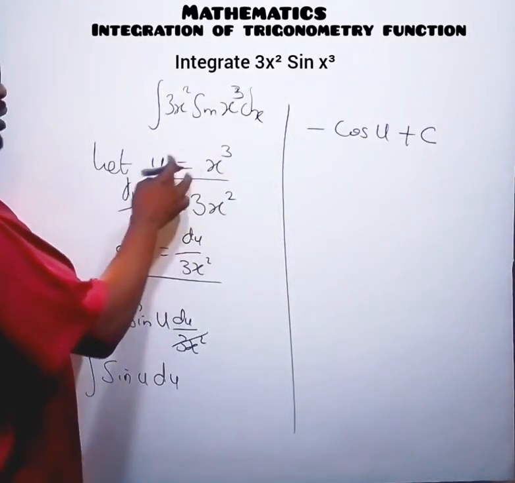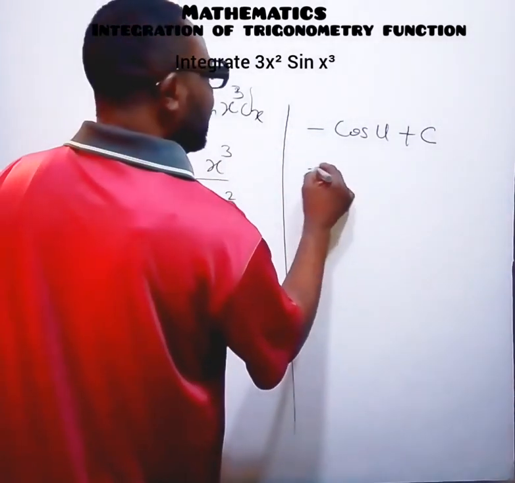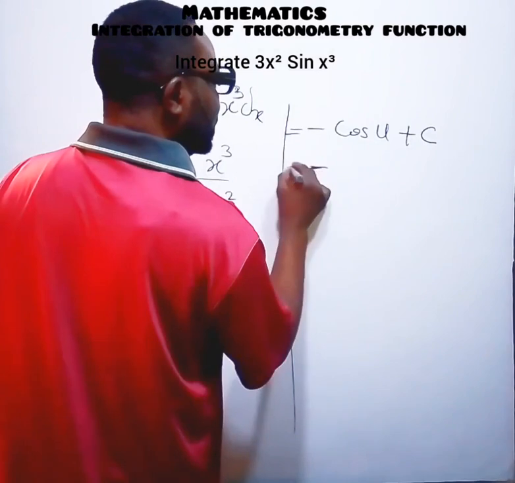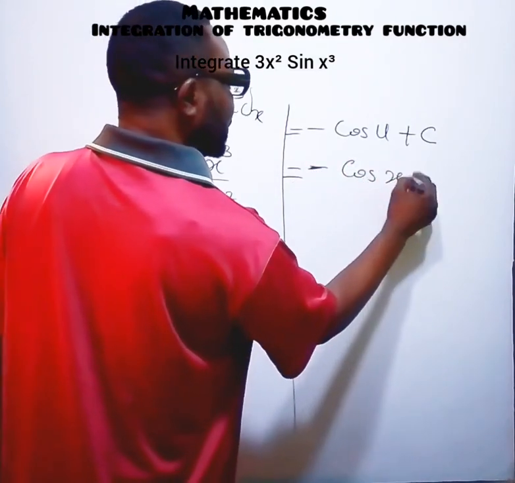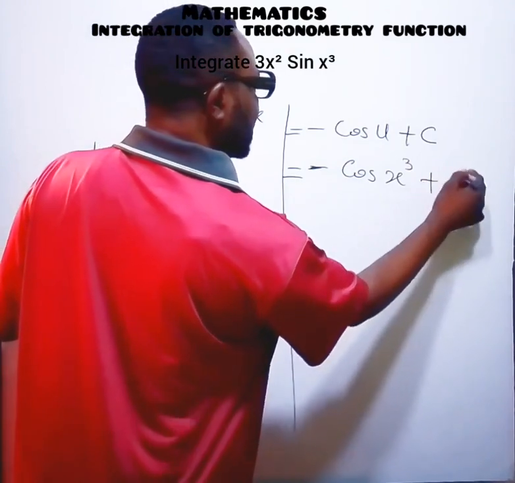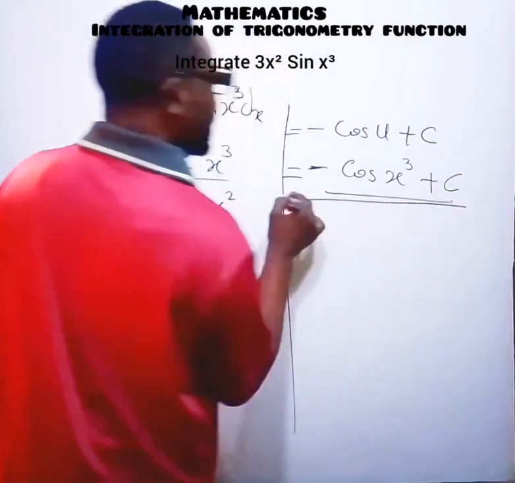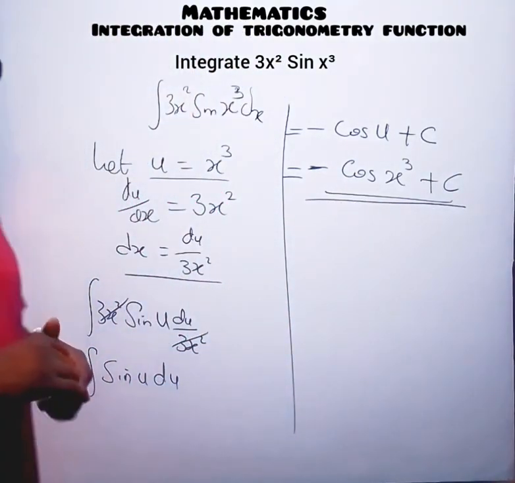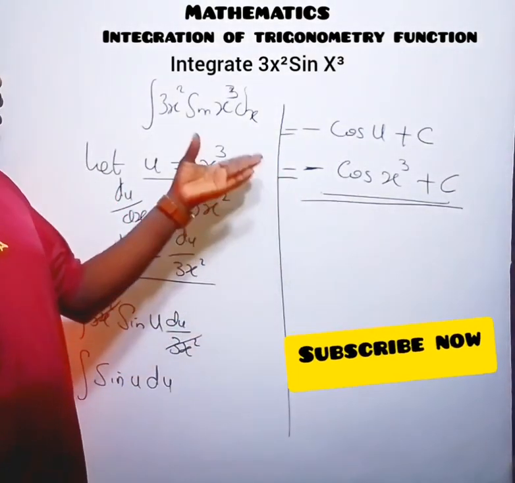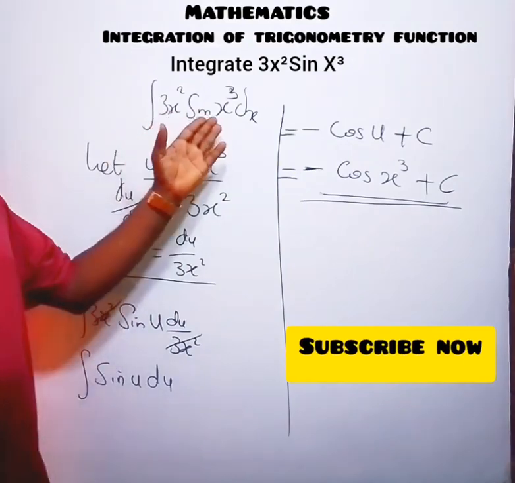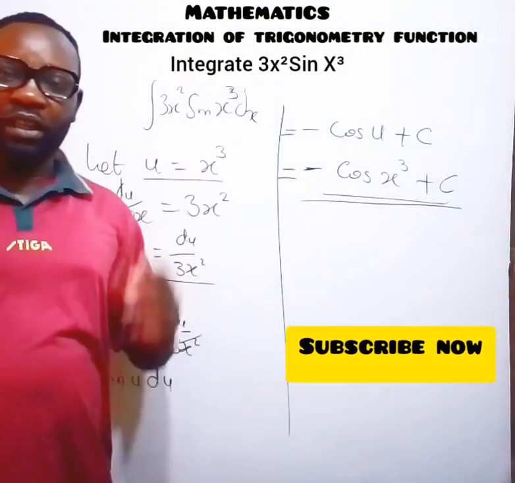So what is the value of u here? That will be equal to minus cos x cubed plus c. That is the final answer to this question. With this answer we have here now, we've been able to solve the integral of 3x squared sine x cubed dx.